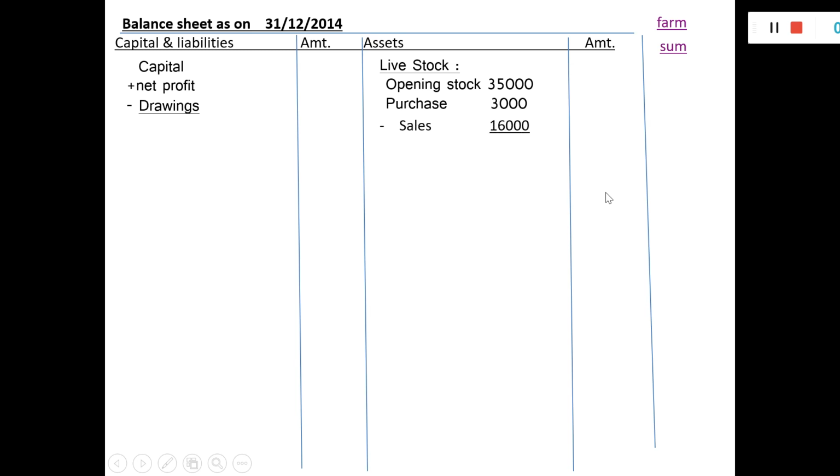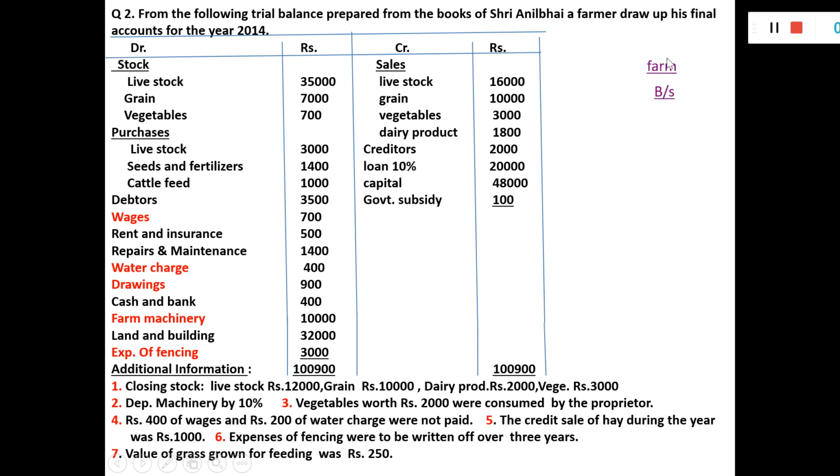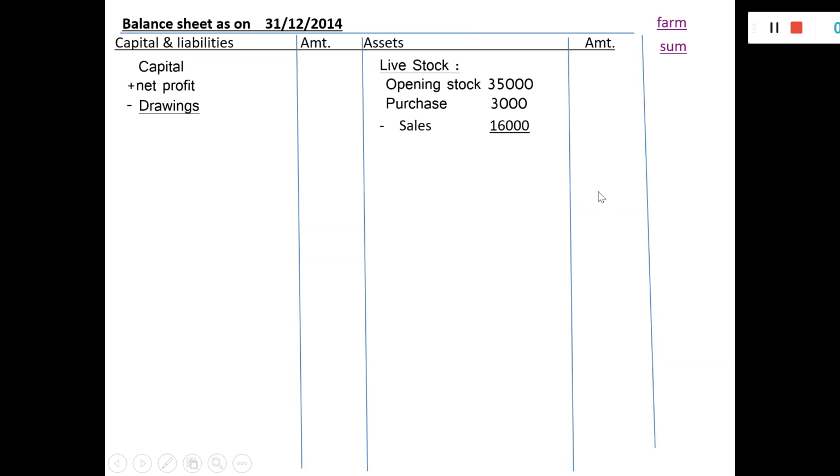16,000 sales of the livestock. Closing balance of the livestock 12,000. It is written in the balance sheet. Here 12,000.